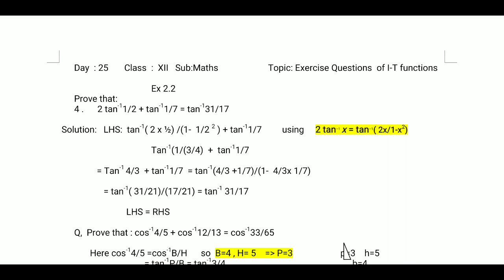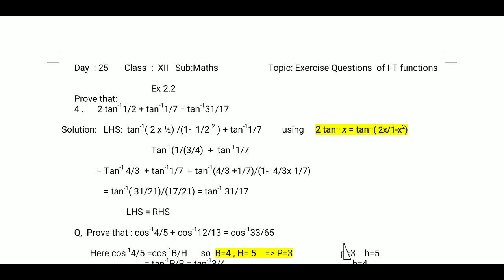Now we again apply the formula tan inverse x plus tan inverse y, that is tan inverse x plus y upon 1 minus xy. In place of x there is 4 by 3 and in place of y there is 1 by 7. So we use the formula and calculate tan inverse 4 by 3 plus 1 by 7 upon 1 minus 4 by 3 into 1 by 7.